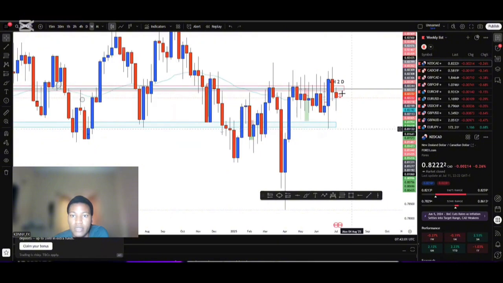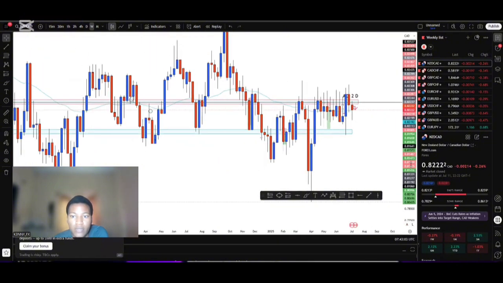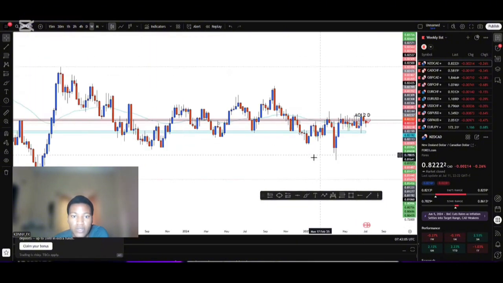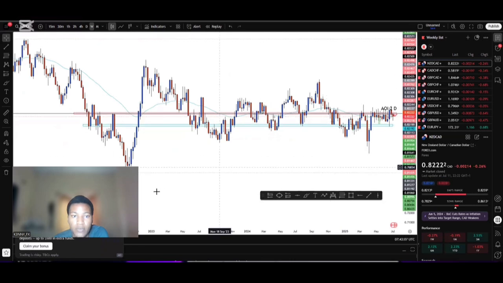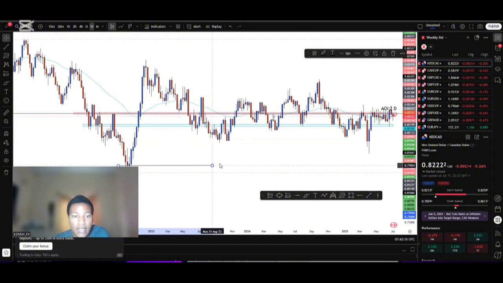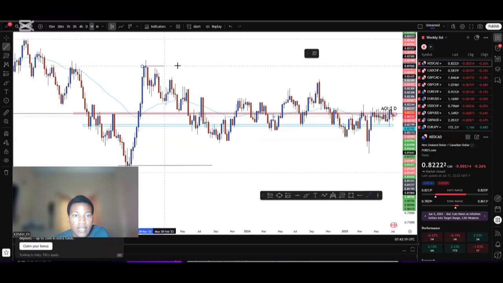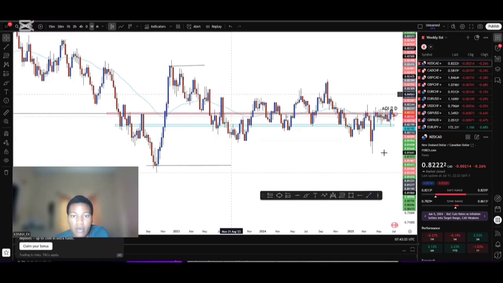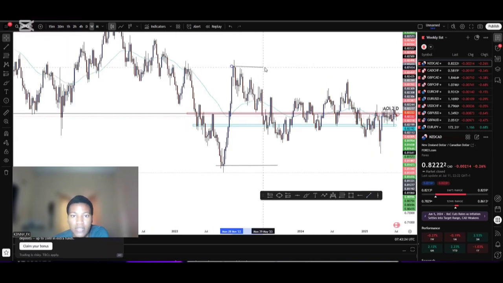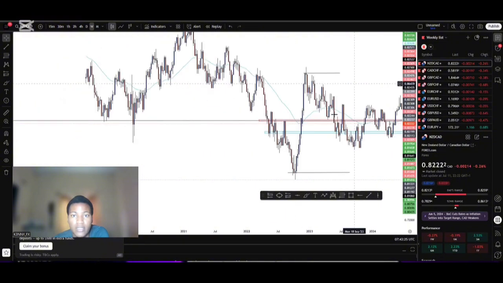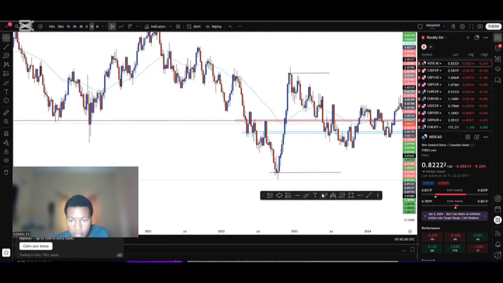I zoom in, I look for the trend, I look for what is going on, where is it trending to? This weekly for me is bullish. See the higher low and the higher high over here, because remember how I mark structure: I use the bodies and not the wicks. So for me, let me start from here.